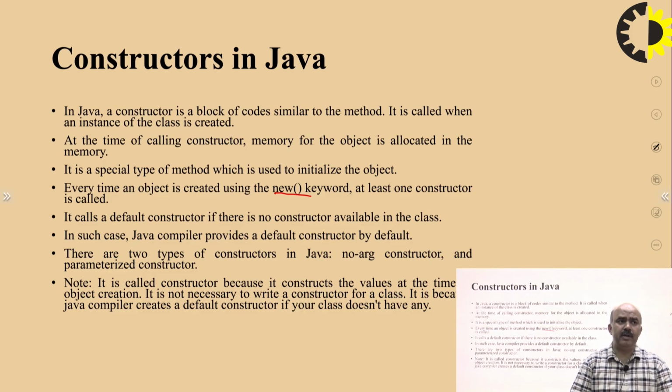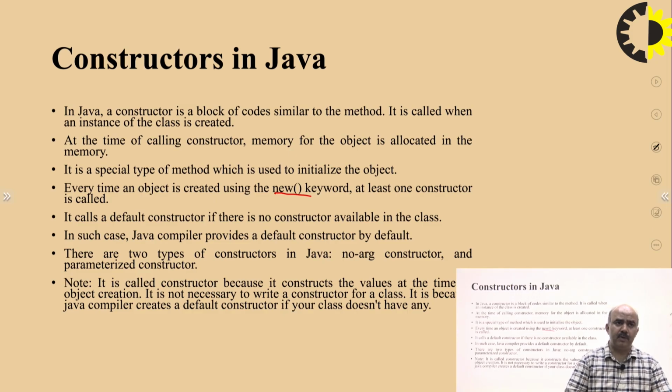It calls the default constructor and provides default values, and generally the default value is either 0 or null, depending upon the situation. So in such a case your compiler provides a default constructor by default.